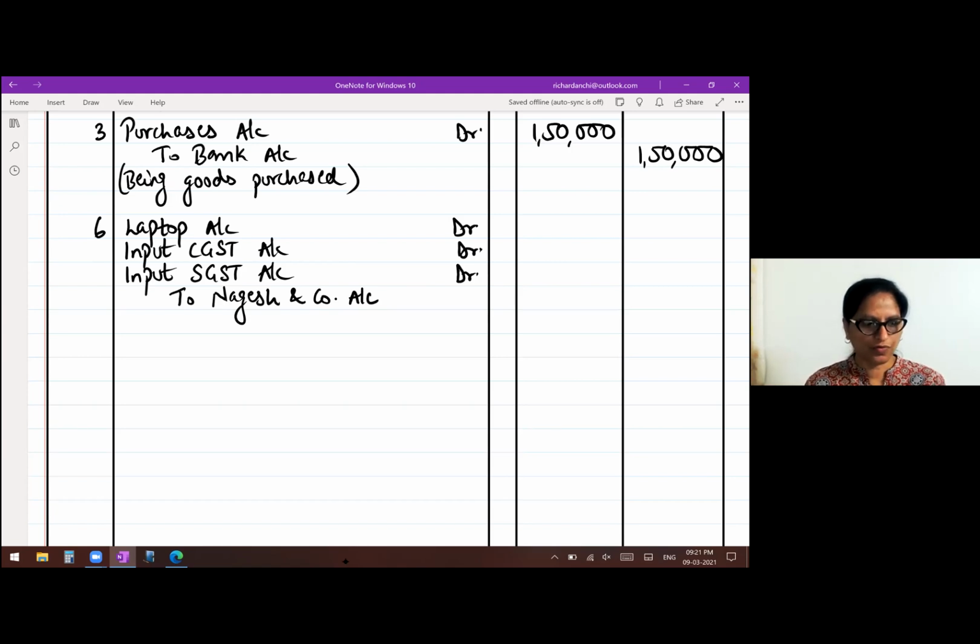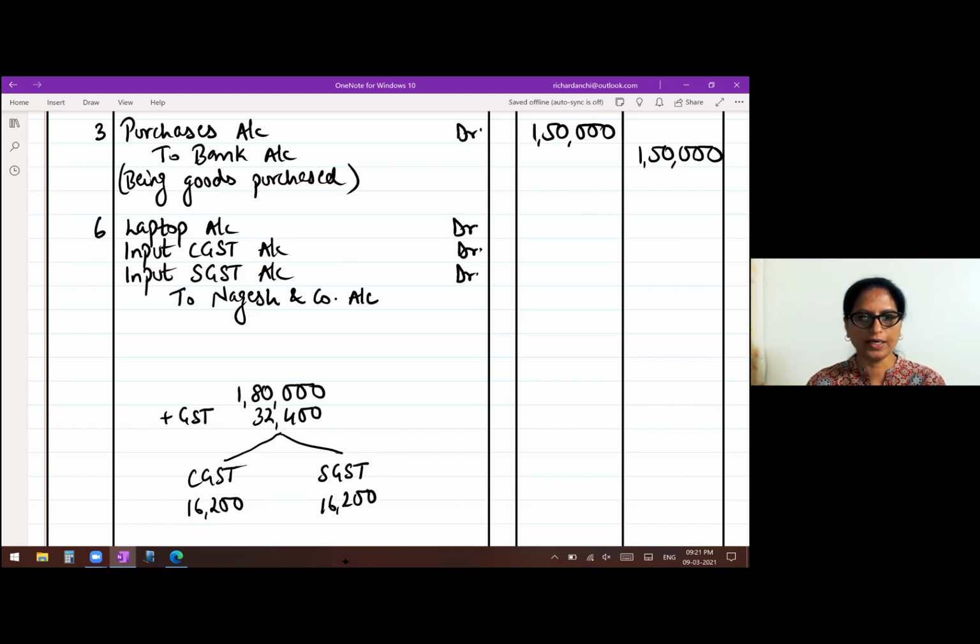Now we'll have to find out the amounts. So here it is 1,80,000, the cost of the laptop. Of that, 18% GST is 32,400. So split that into CGST and SGST. So that comes to 16,200 each.